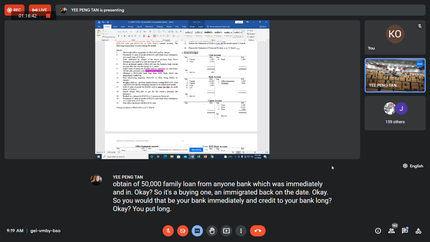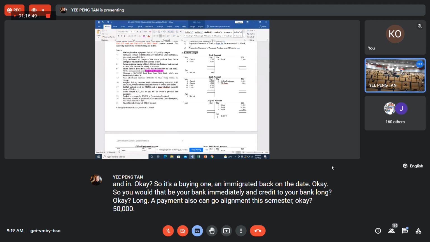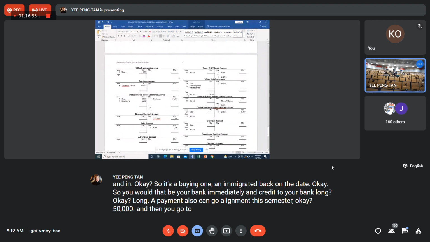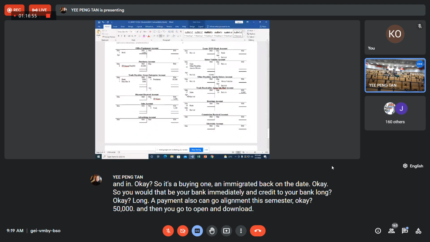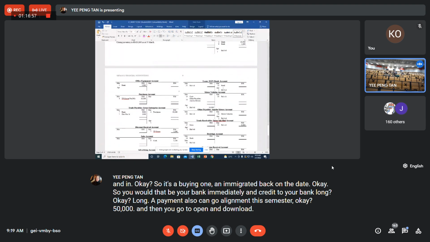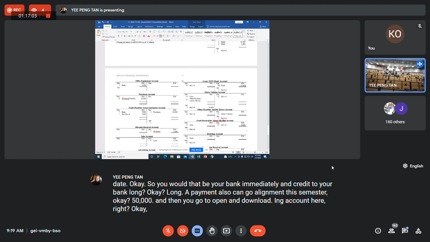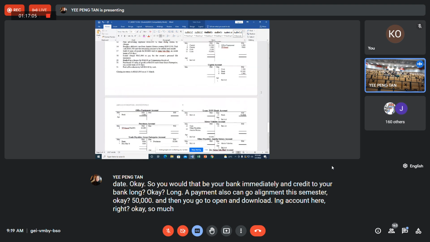Here you put loan or bank loan, it doesn't matter, 50,000. Then you open a bank loan account, Aeon bank loan account, credit side, 50,000.